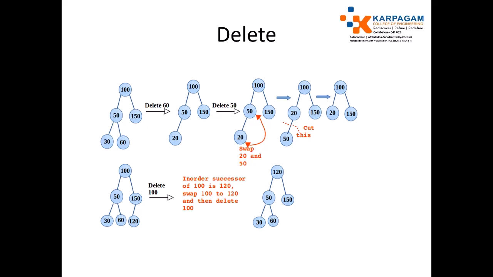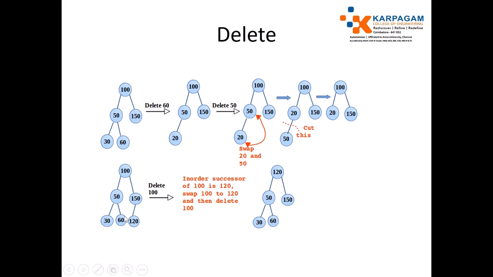So in other words, if you wish to delete the element which has a left child as well as a right child, either you can take the in order successor and replace with that, otherwise you can take the in order predecessor. Here for 100, the in order predecessor is 60 because while performing in order traversal, 60 comes before 100.